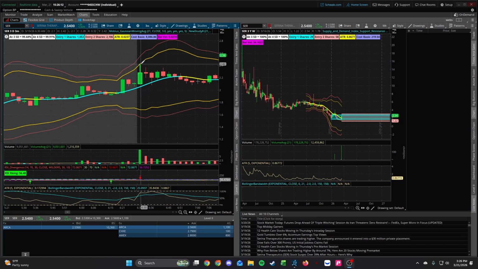I think I might change the period of my ATR. Right now I use a 5 exponential. For context, exponential is more recent biased, and 5 is the period, meaning it's only looking at 5 candles to determine that ATR. I might make it less than that. I haven't really decided yet how I go forward.